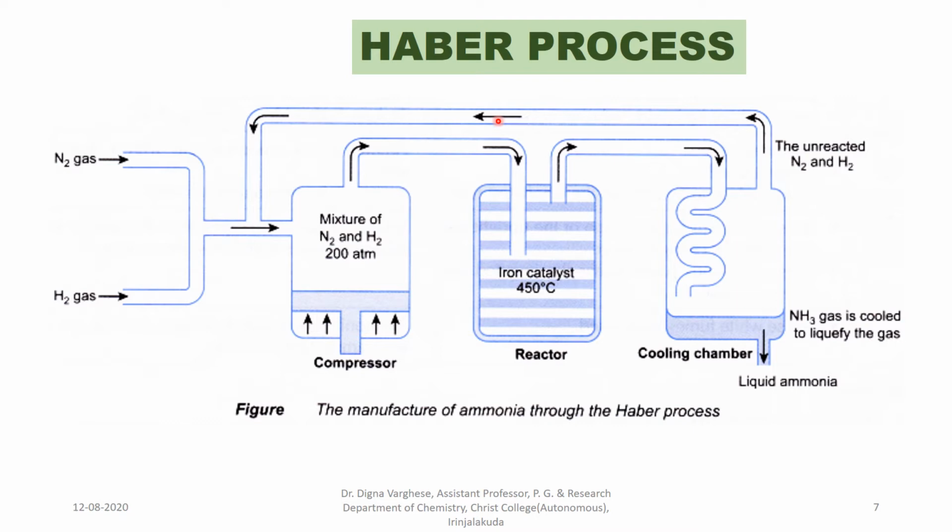Here is the flow diagram for the manufacture of ammonia through the Haber process.